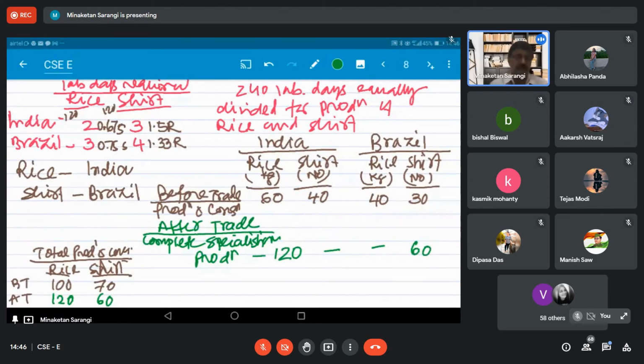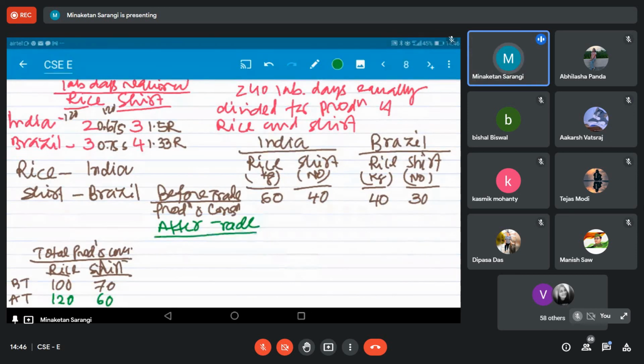Complete specialization will not be able to explain the gain from trade. So in that situation, we'll go for the partial specialization. How the partial specialization will work.